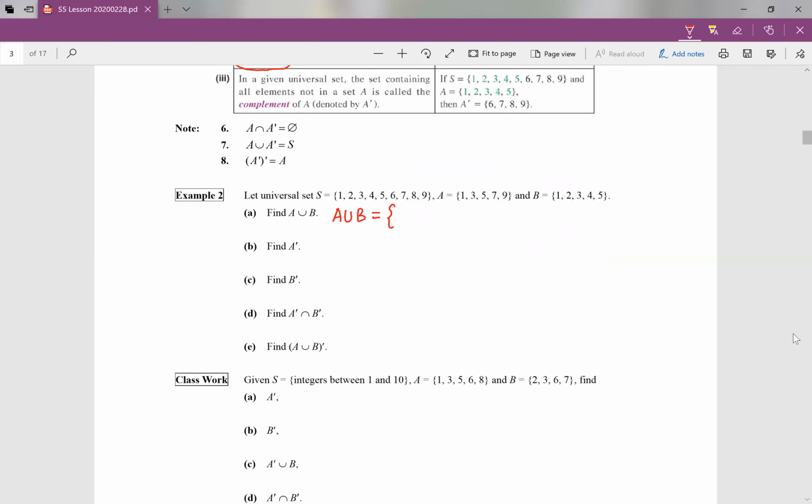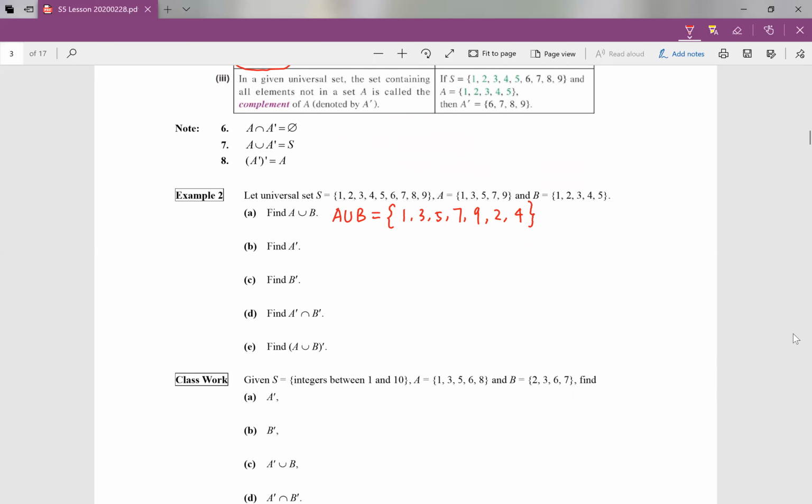It's quicker to just write 1, 3, 5, 7, 9, all the elements in A. And then write all the elements in B, but avoid repeating. So 1 is already there, and 2, 3 already there, and 4 and 5 already there.